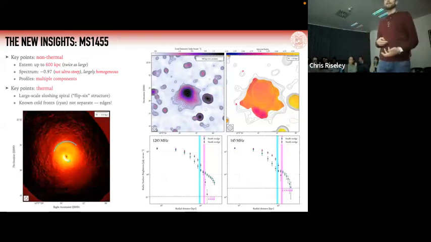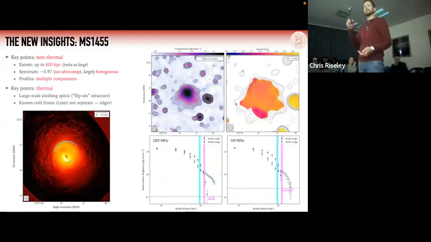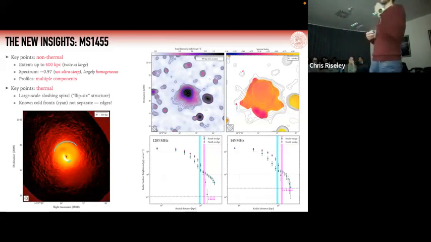From our reanalysis of X-ray data, we see this large-scale core sloshing spiral. If you think about wine sloshing in a wine glass or the core sloshing in Perseus, we see this same, what I refer to as a flip 6 structure. This inverted 6 shape is one of your classic smoking gun pieces of evidence for large-scale core sloshing. This means we're seeing turbulence at work in the intracluster medium.